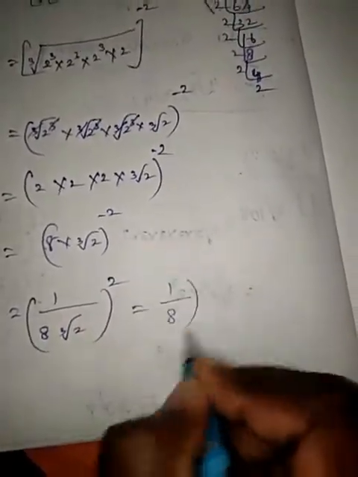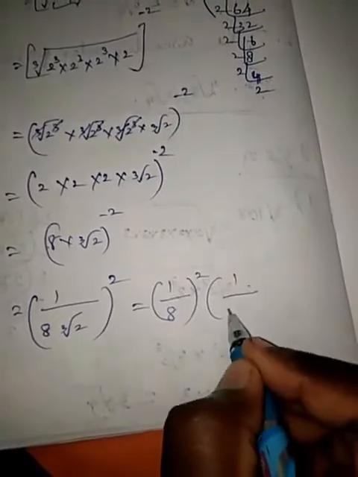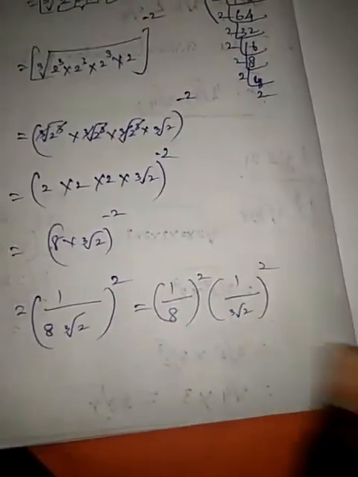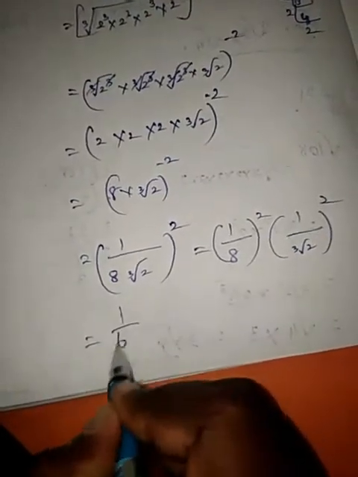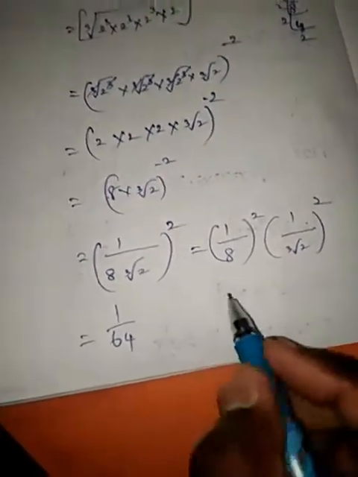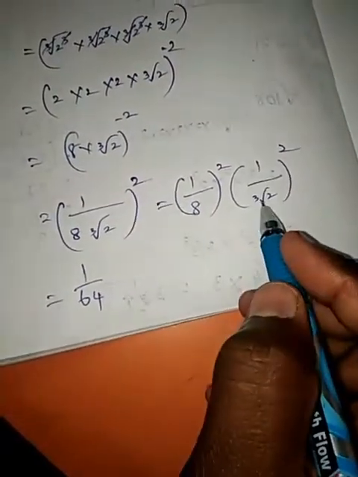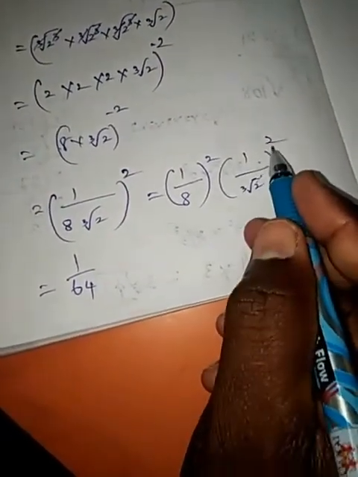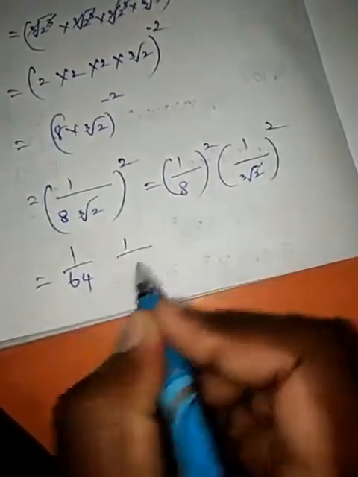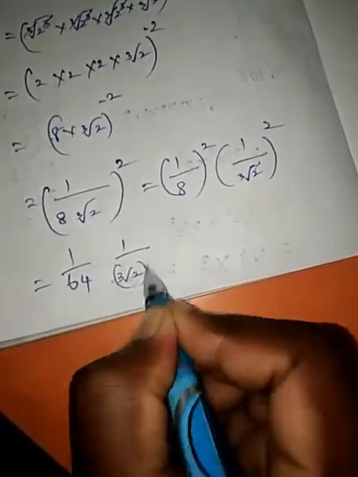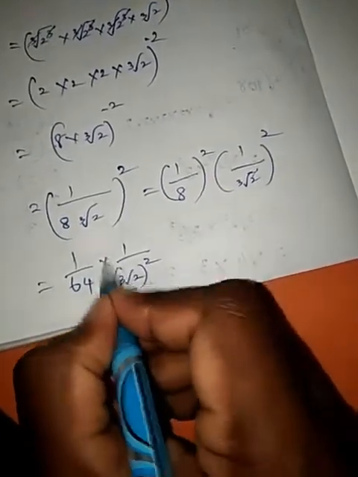Now taking the square separately: 1 by 8 whole square into 1 by the cube root of 2 whole square. 1 by 8 whole square gives 1 by 64. For 1 by the cube root of 2 whole square, we square the numerator and denominator, so 1 squared gives 1 divided by the cube root of 2 whole square.